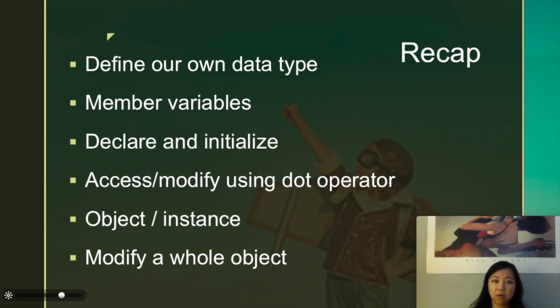We talked about how to declare and initialize a struct. We talked about how to access the member variables using dot operators. We talked about how the variable that we declare using the new data type that we created is called an object or an instance of that data type, and we can modify a whole object.